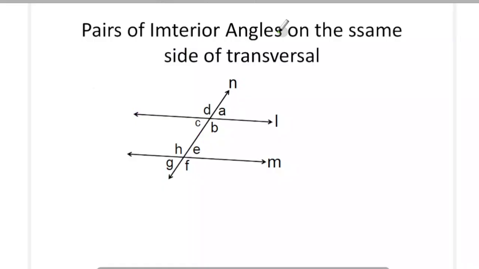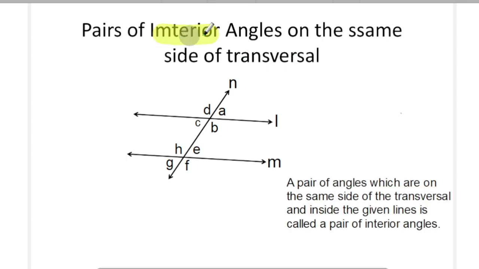Pairs of interior angles on the same side of transversal. Here only the word interior is there. The word alternate is not there. Okay, the definition we will see. A pair of angles which are on the same side of the transversal and inside the given lines is called a pair of interior angles.